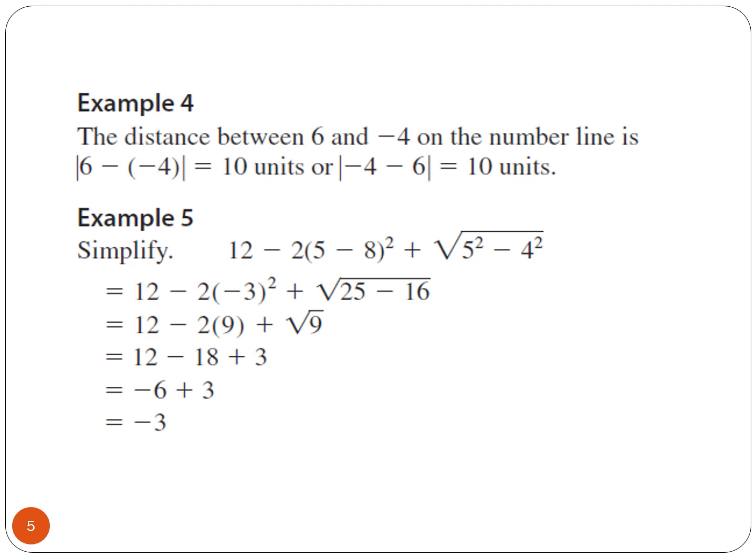Example 5 is important because here we are reviewing the order of operations. When we work with real numbers, there are operations such as addition, subtraction, exponents, raising a quantity to a power. It is important that you know how to do these operations in the correct order.